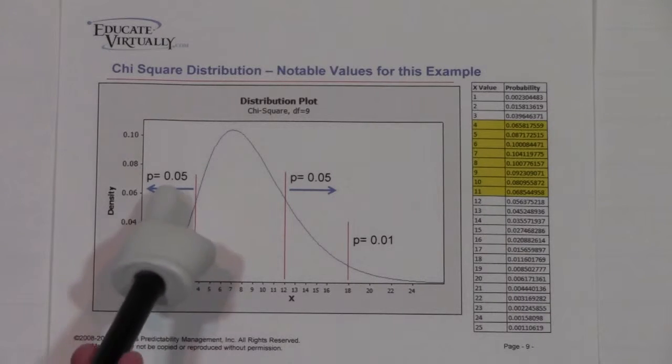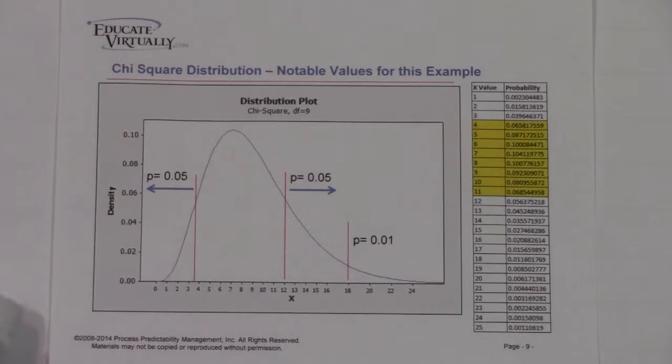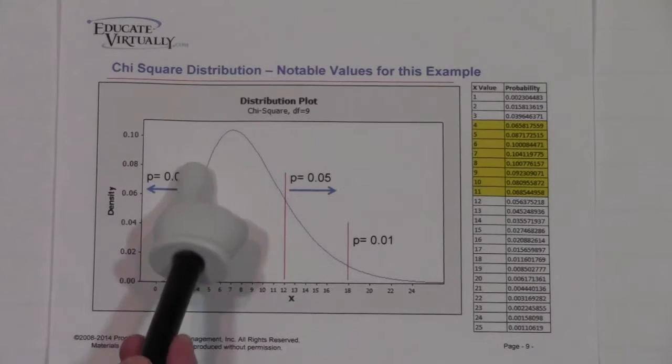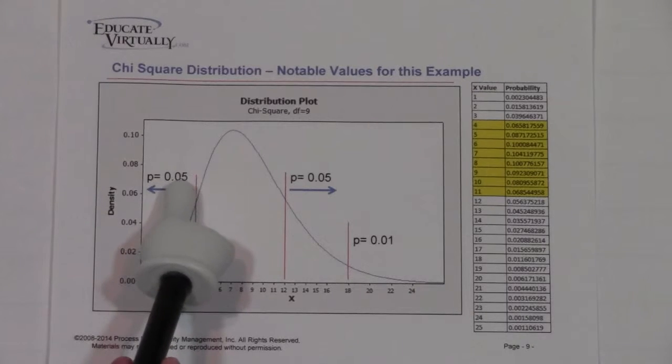So we've always said that a p-value of 0.05 or less defines difference. And if we have p-values that are greater than 0.05, then we would have to declare that there is no difference. So what I've noted on here is if we are at an x value of about 3.5, that equates to a p-value of 0.05.